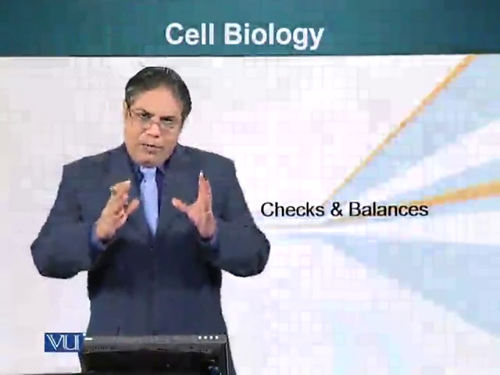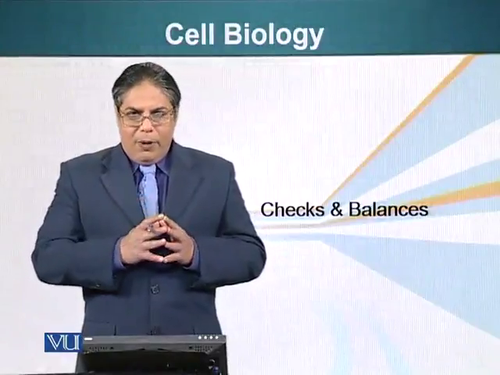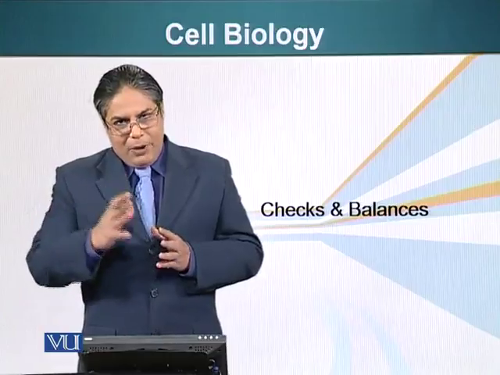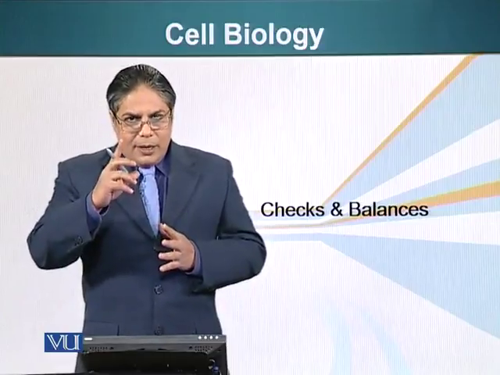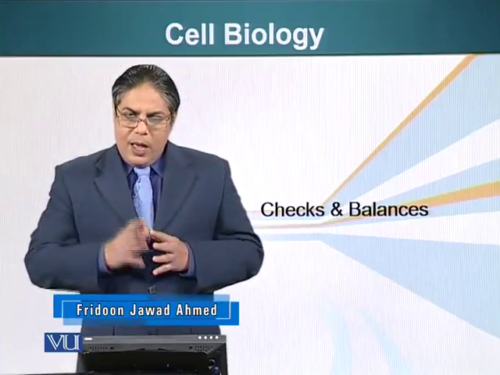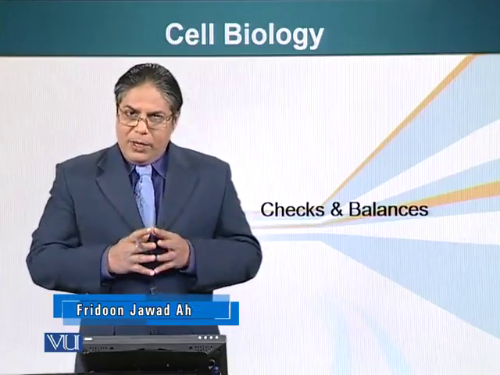Okay, so now we have a problem. I don't know whether you see it or not. The problem is our dendritic cells basically activate our adaptive immune system. They activate it via MHC2 molecules. So do our dendritic cells have MHC1 molecule?